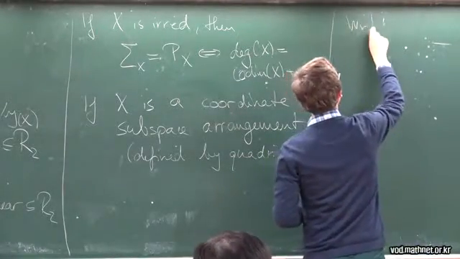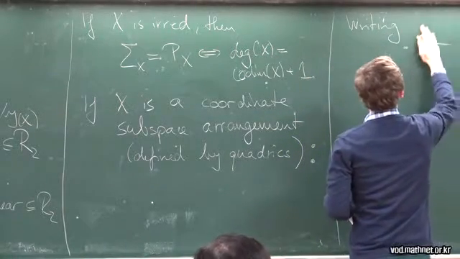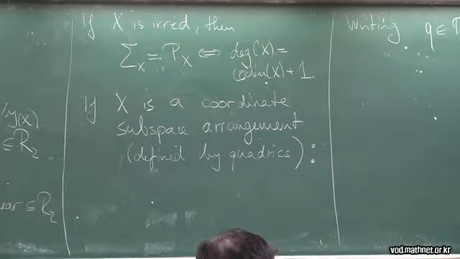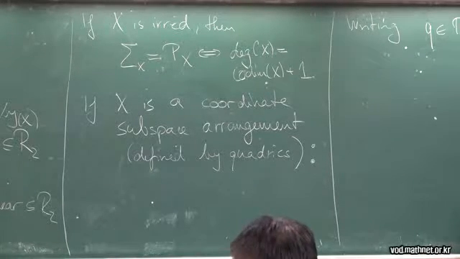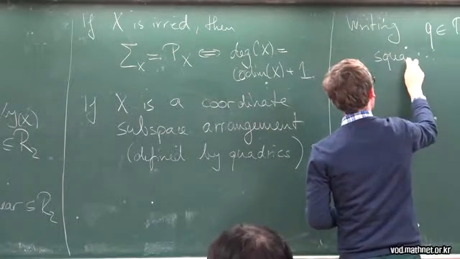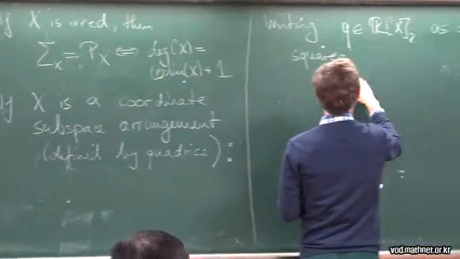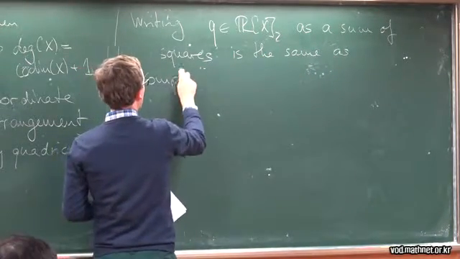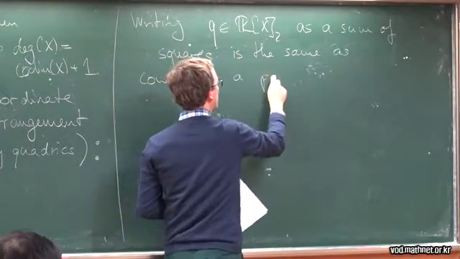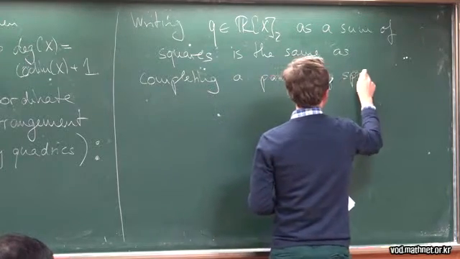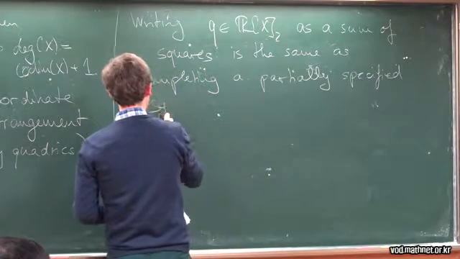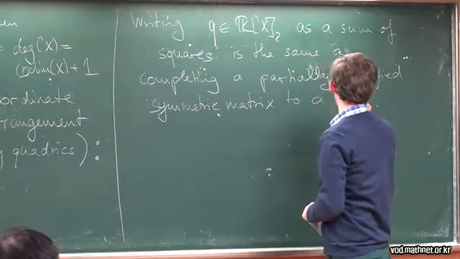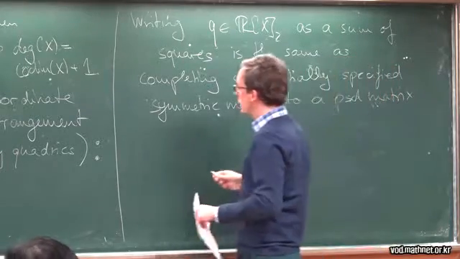I claim if you write a quadratic form Q in the coordinate ring as a sum of squares of linear forms, that's the same as completing a partially specified symmetric matrix to a PSD matrix. So I will do this by example.